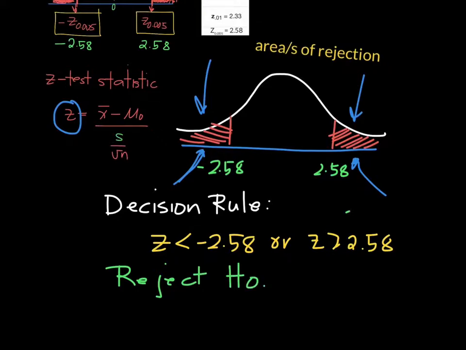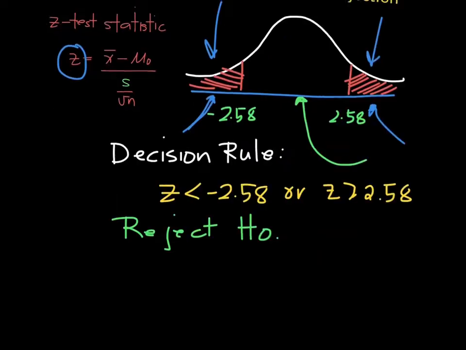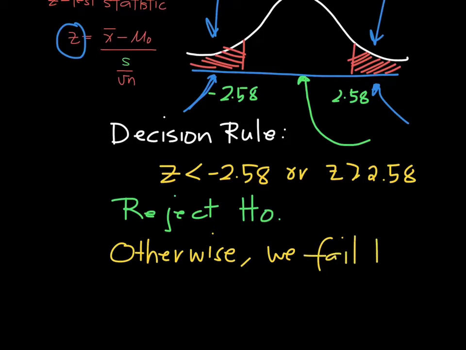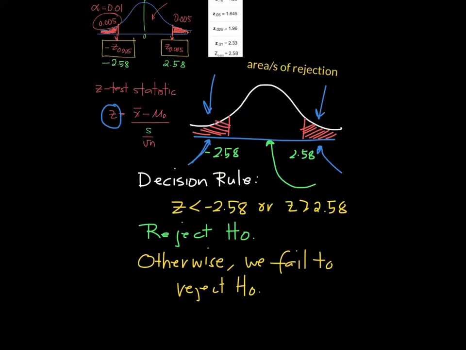Otherwise, if the number is in between negative 2.58 and 2.58, then we fail to reject H0. So that's how we set the decision rule.